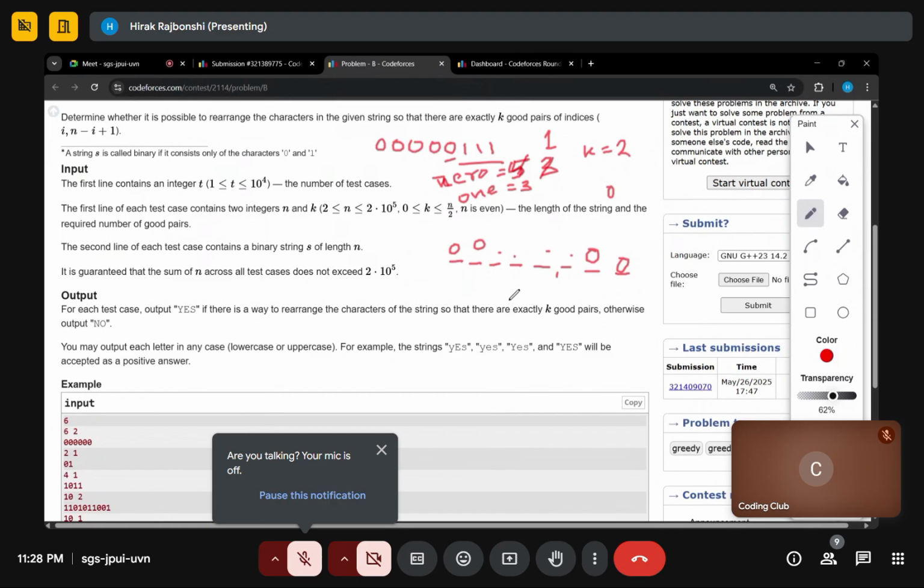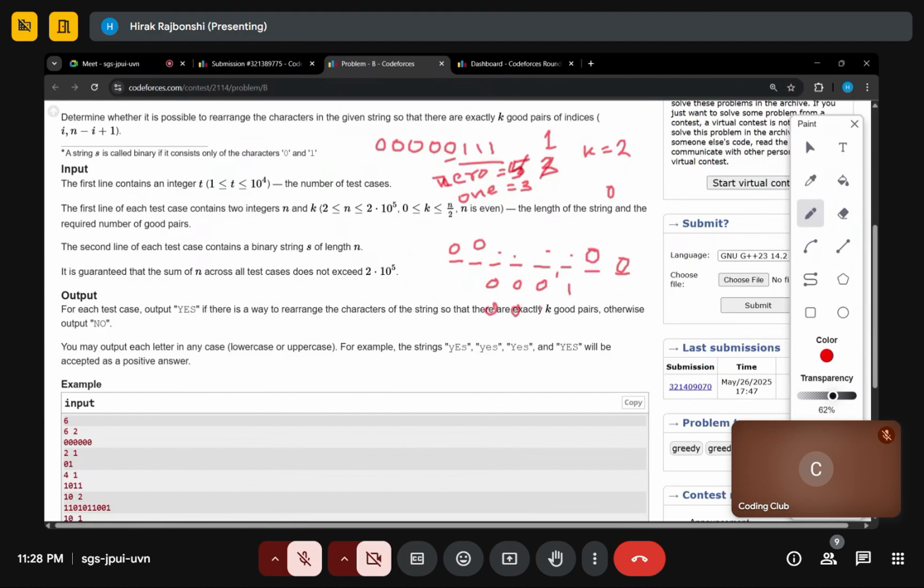There will be four cases: 0 0 0 1, 0 0 1 0, 0 1 0 0, 1 0 0 0. For all cases, there is a good pair. Here this and this is good, here this and this is good, and here these two are good. So we can't.